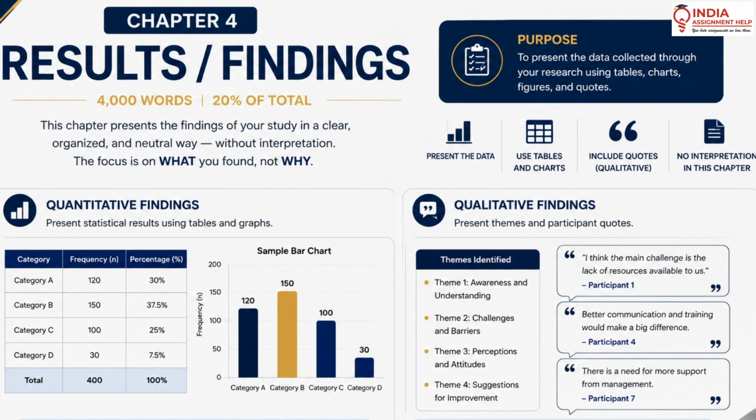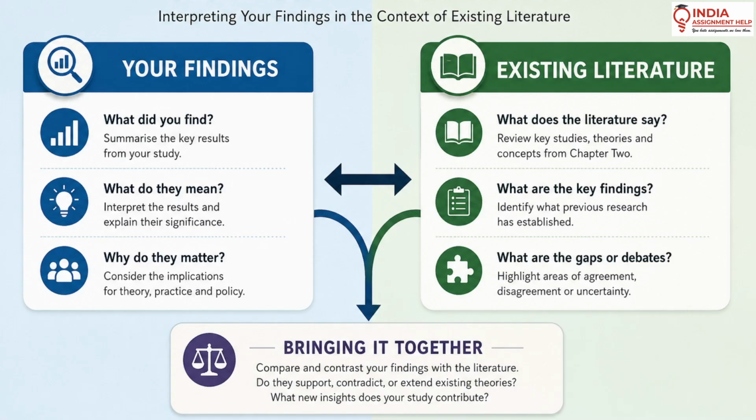You will just document your findings, what you found out after conducting this study of a particular topic that you've chosen. In the next chapter, which is the discussion chapter, you will interpret those findings, the findings that you've just mentioned in the previous chapter, which is the results chapter.